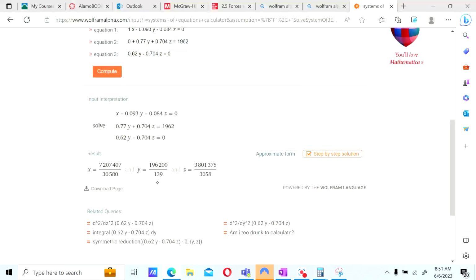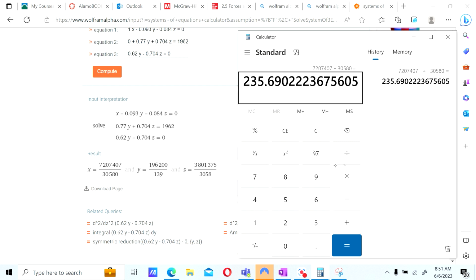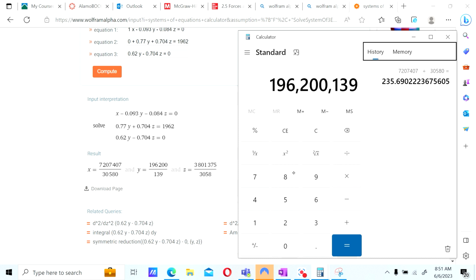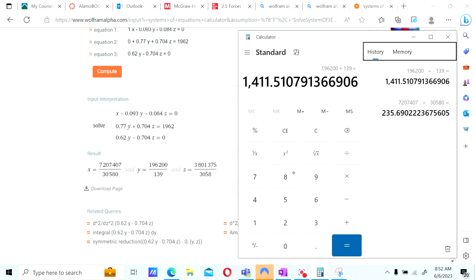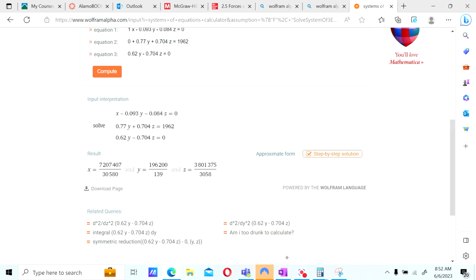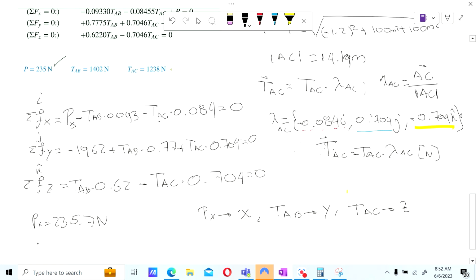Let's do the next one: 196200 divided by 139, 1411.5.